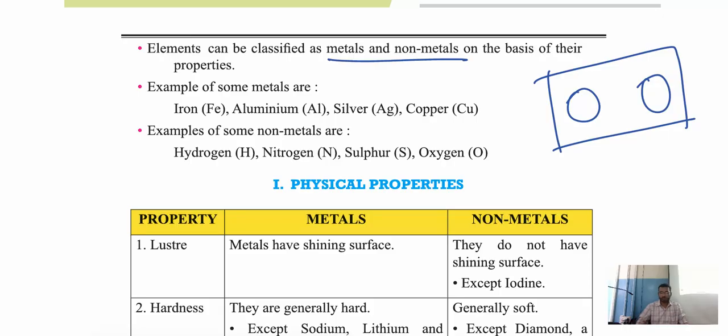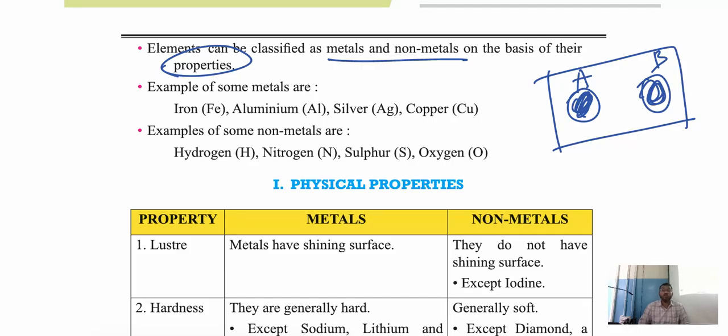Simple question. This is my element A and this is my element B. How are you going to trace out which is metal and non-metal? It is just based on their properties.